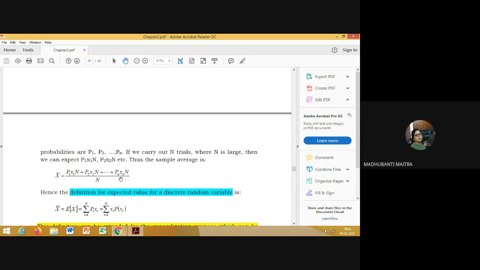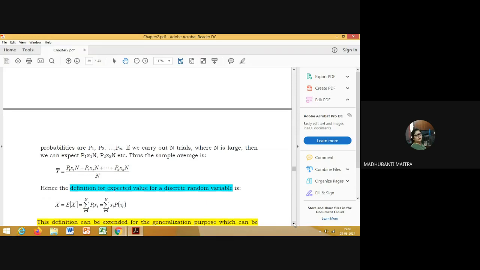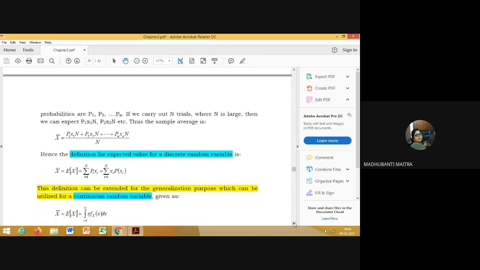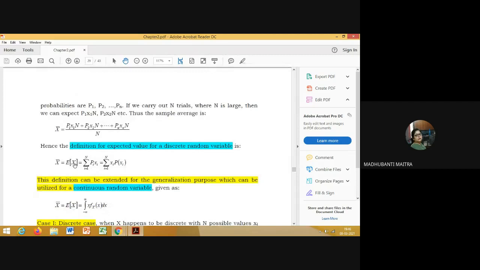So n will cancel out from the right hand side, and hence the expected value, or the average value, or the mean value of the random variable is defined with the help of this expression. Clear?